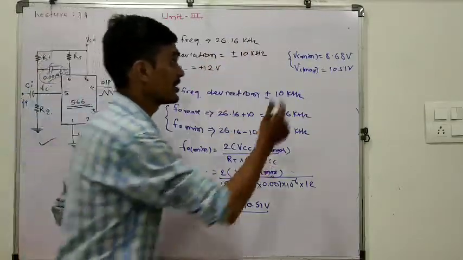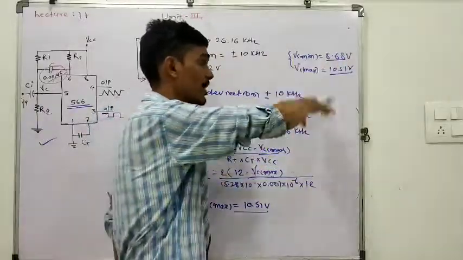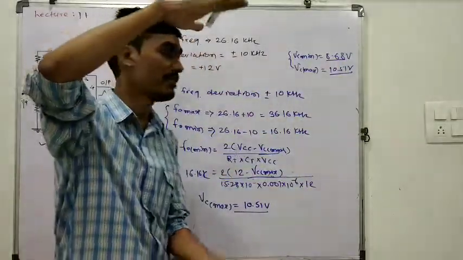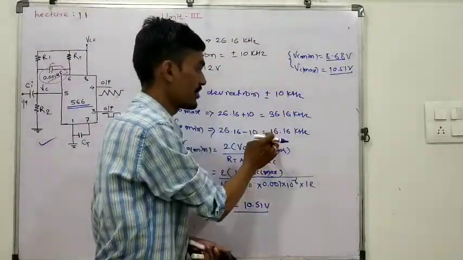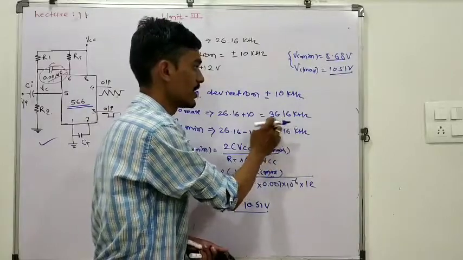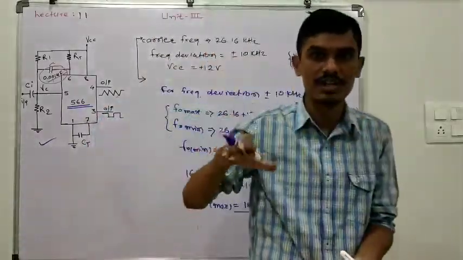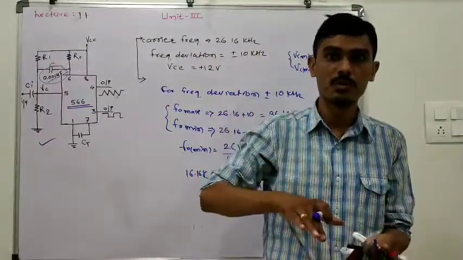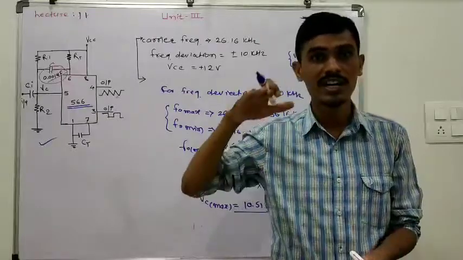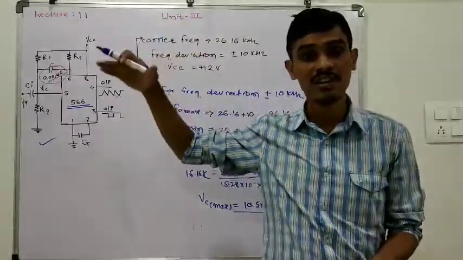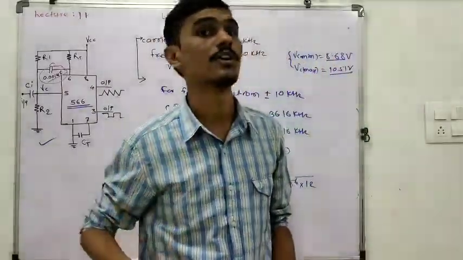That means for this minimum to maximum voltage, we are getting a frequency variation from 16.16 to 36.16. As the modulating signal changes, Vc changes, that means we are changing the input. With the input we get a frequency variation at the output. That means we are generating a frequency modulation.